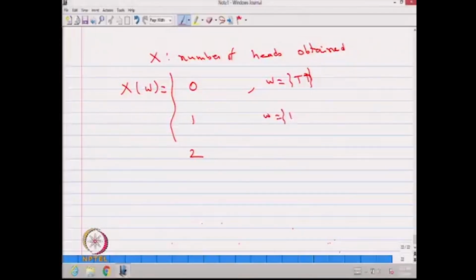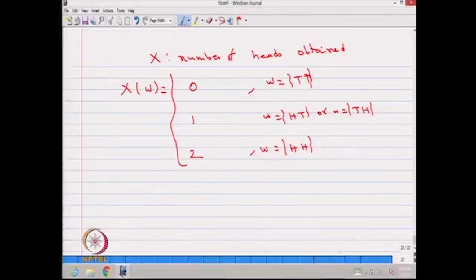When omega is equal to head tail or omega is equal to tail head, you are going to get X of omega equal to 1. When omega becomes both head, you are going to get the value 2. So the possible values of the random variable X are 0, 1 and 2. So this is a real valued function. One can verify whether this real valued function is a random variable or not.